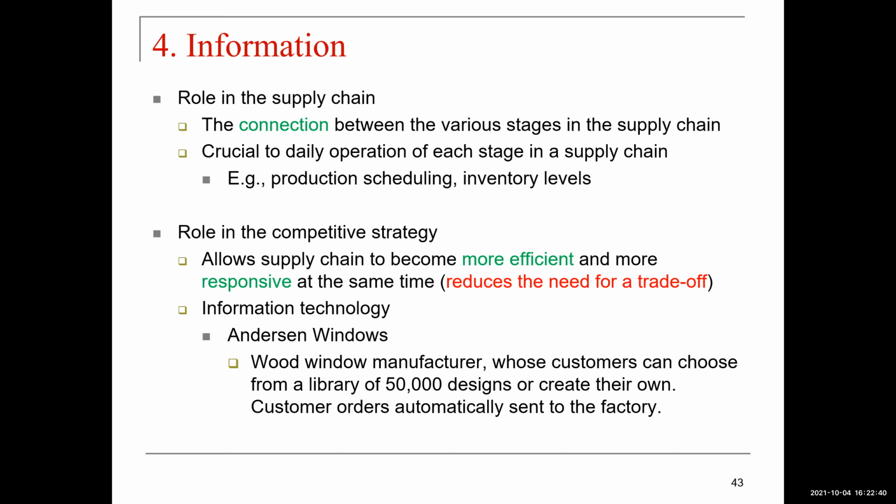So having more information allows you to make better decisions. Information technology: Anderson Windows, a window manufacturer whose customers can choose from a library of 50,000 designs or create their own, and then they can order automatically and send directly to the factory. That's a competitive strategy.